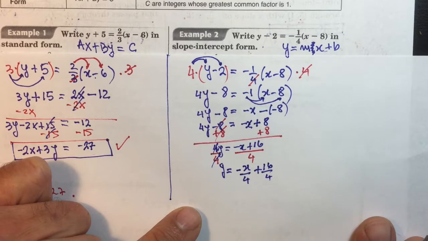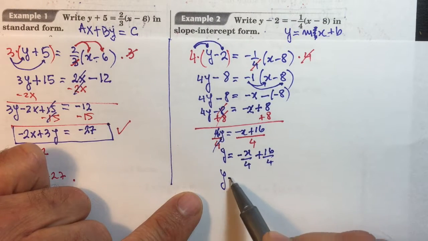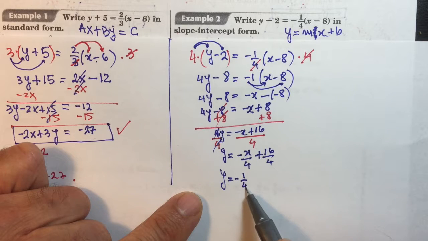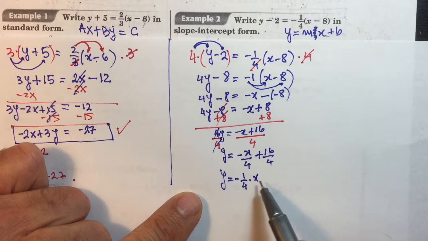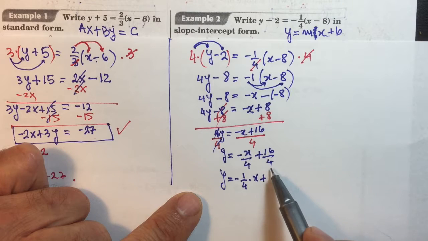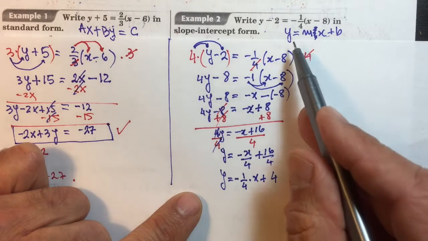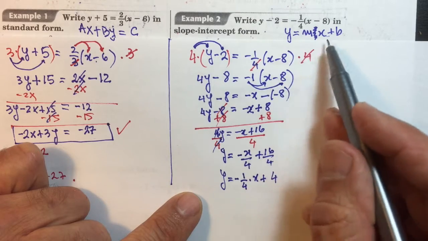Now I'm going to work here a little bit, and this is the same thing as writing negative 1/4 times x, plus 16 divided by 4 is 4. Now you can see that I have the same form as this one.